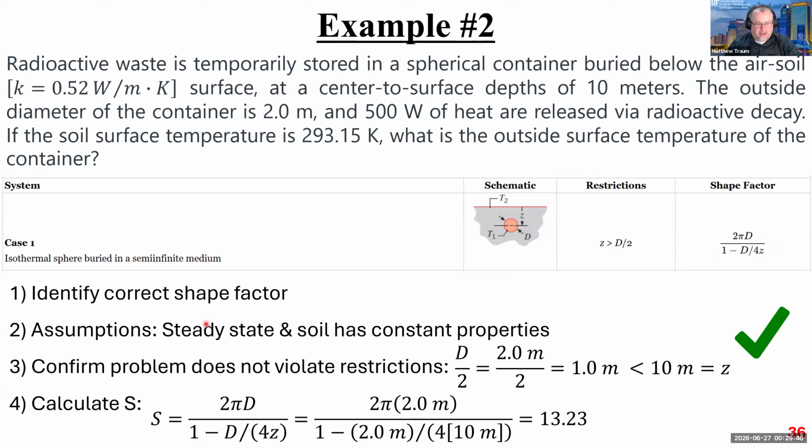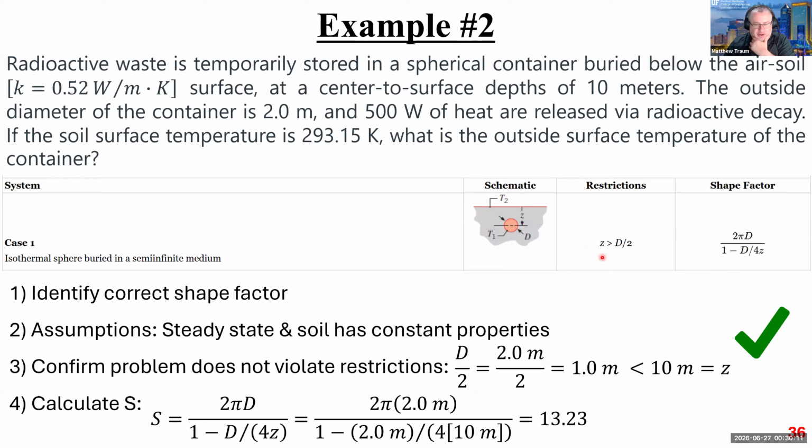So we're going to imagine this is steady state and that the soil in which this thing is buried has constant properties. The third thing I'm going to do is confirm the restrictions, right? Confirm that this thing is not too shallow for this calculation to give a reasonable approximation to the exact answer.